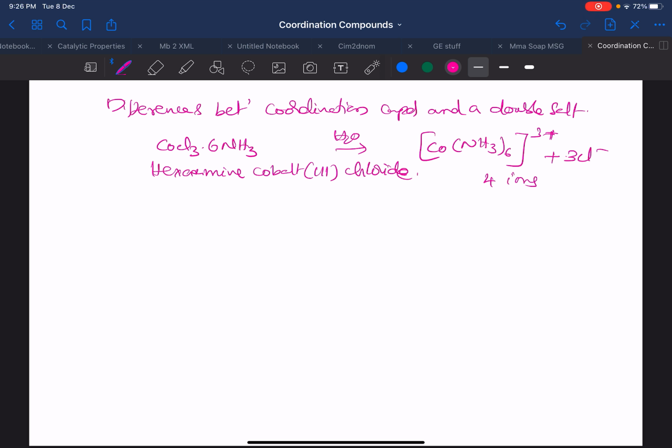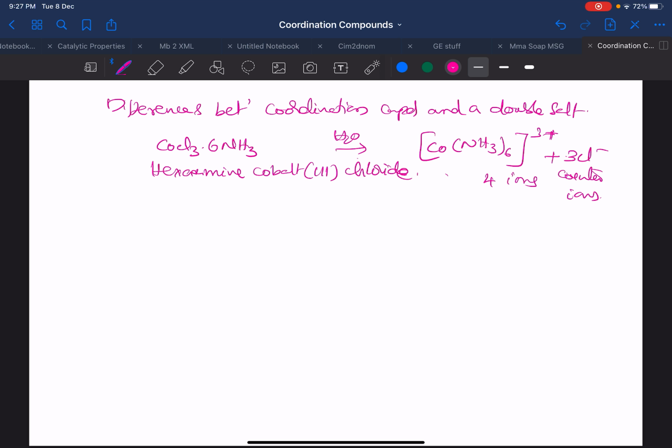That is the main difference. In a coordination complex, on hydrolysis, it gives one complex ion and other constituent ions, which are called counter ions.